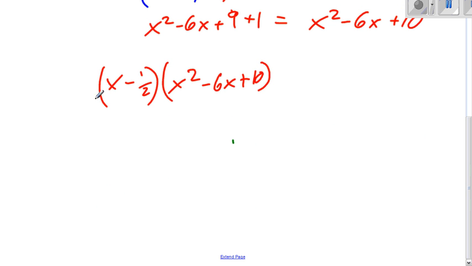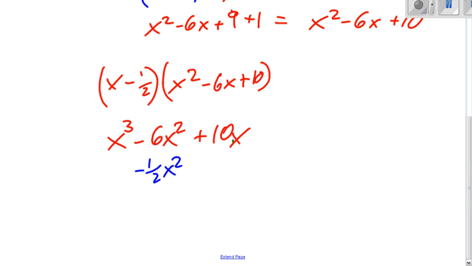So now when we multiply these together, we get x times everything is x to the third minus 6x squared plus 10x. Multiply the negative 1/2 to everything. That's minus 1/2 x squared plus half of 6 is 3x, and then 1/2 times 10 would be 5, so minus 5.